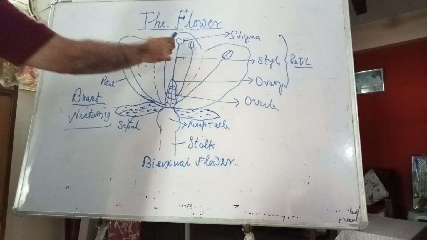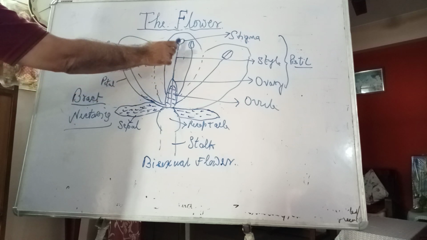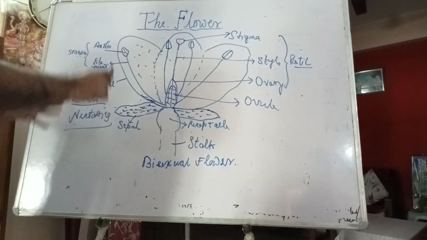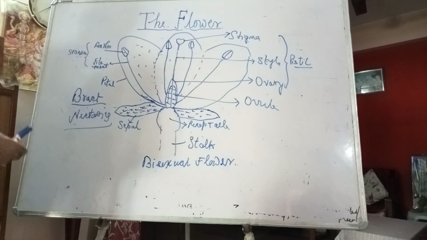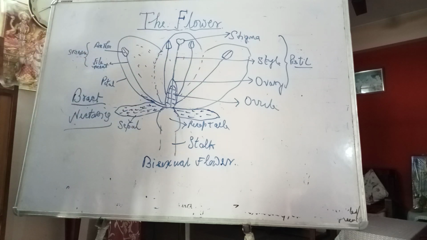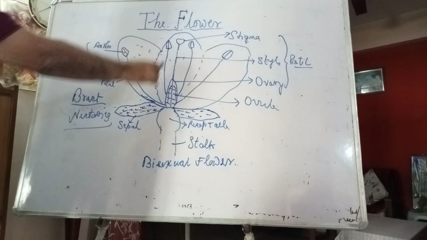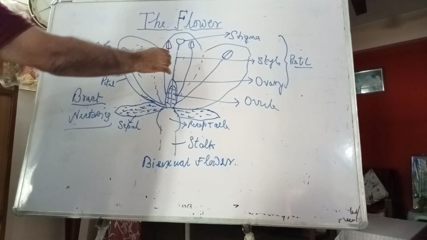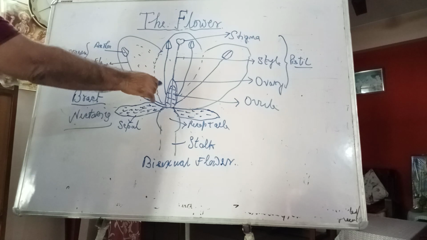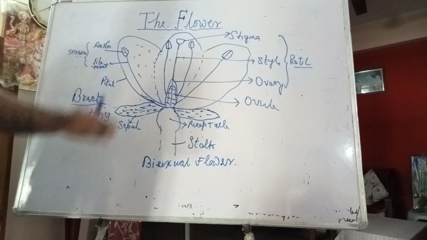And about the pistil, you have to remember that at the tip of the pistil is the stigma, which has sugary substances, chemicals, and enzymes for the pollen grains to fall on this stigma. The pollen grains containing the male gametes develop a pollen tube by which the male gametes are carried to the ovary. The ovary has a number of compartments called locules, and in the locules ovules are there.